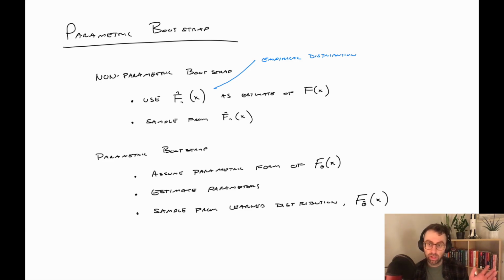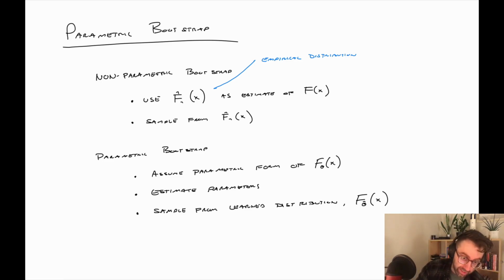So here we're going to assume some parametric form of f, and so I've indexed it by theta here. And then we're going to estimate those parameters theta. And then once we have estimates for them, theta hat, we'll plug them into f, and then you can sample from that learned distribution a data set of the same size.